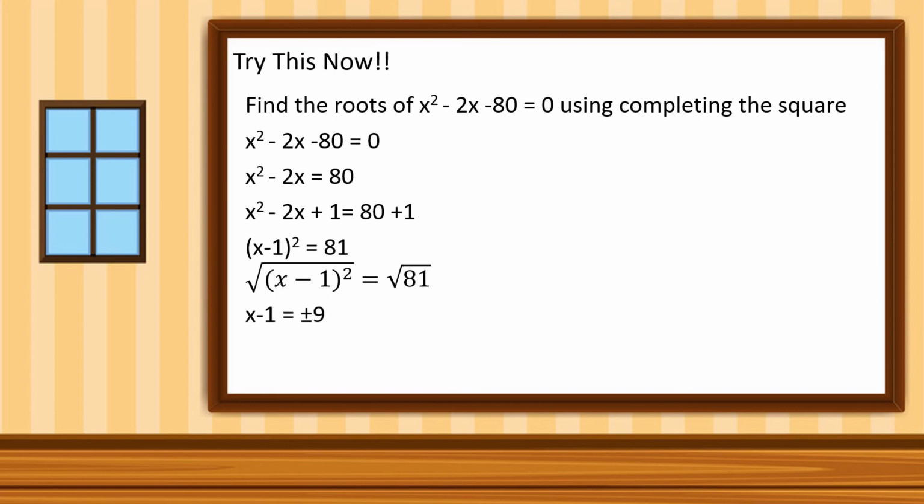So x minus 1 is equal to positive or negative 9. Then x is equal to positive or negative 9 plus 1. So x is equal to 9 plus 1, and the first root is x is equal to 10. X is equal to negative 9 plus 1, and the second root is x is equal to negative 8.